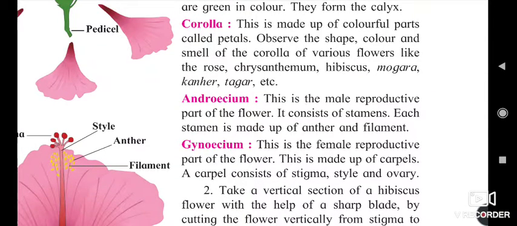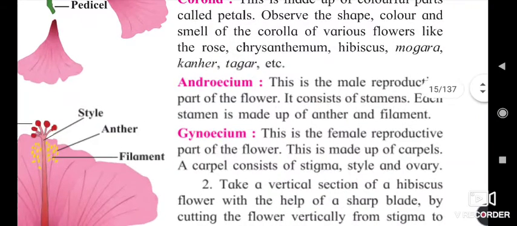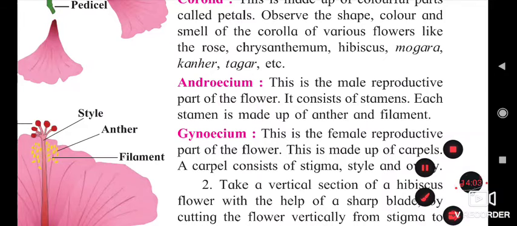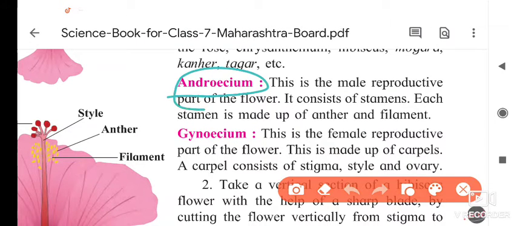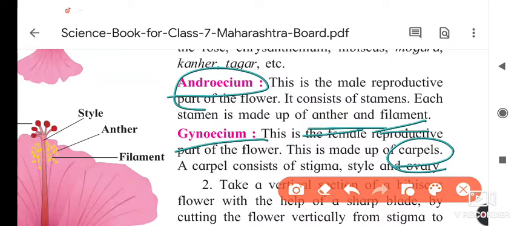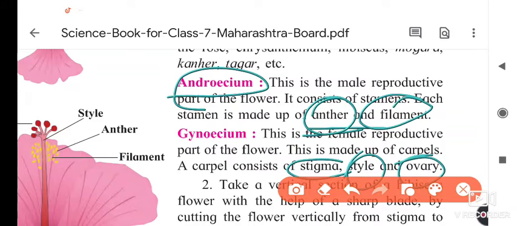Here we have two different parts of a flower: the androecium, which consists of anther and filament, and the gynoecium, made up of carpels, and each carpel consists of stigma, style, and ovary.